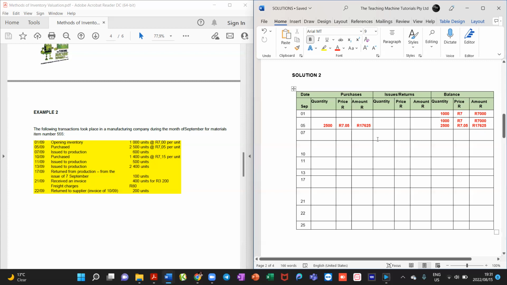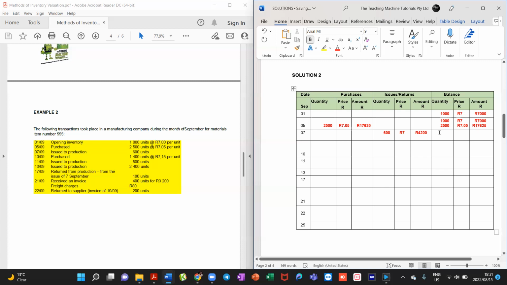So I'm going to give the factory 600 units, taken from the first batch. The first batch price per unit is 7 rands. How much is 600 times 7? 4,200.